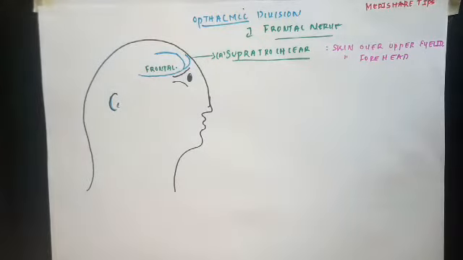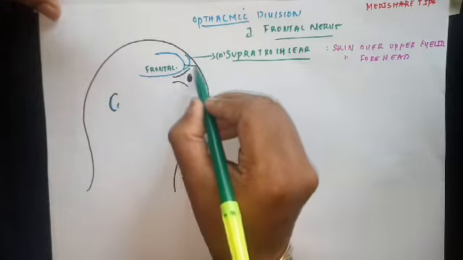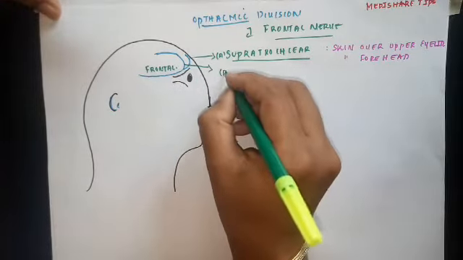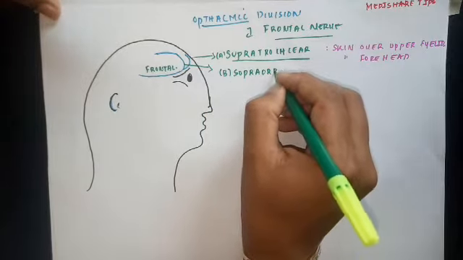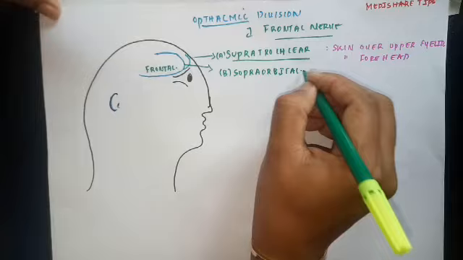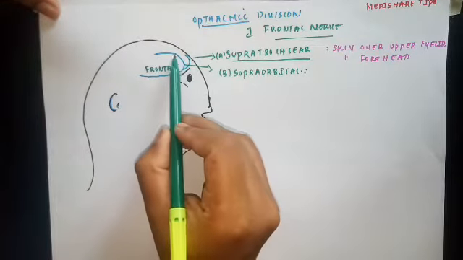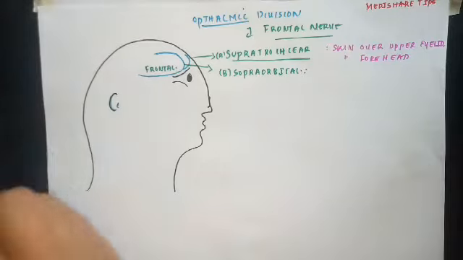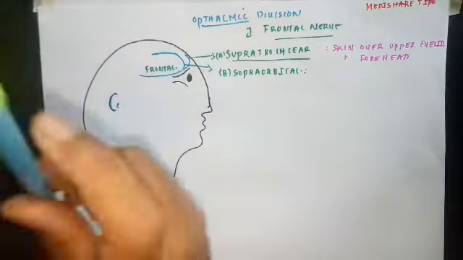Then the branch which is located laterally is the supraorbital nerve. It will be supplying the skin over the upper eyelid, the skin over the forehead, and it will also supply the skin over the scalp up to the vertex.